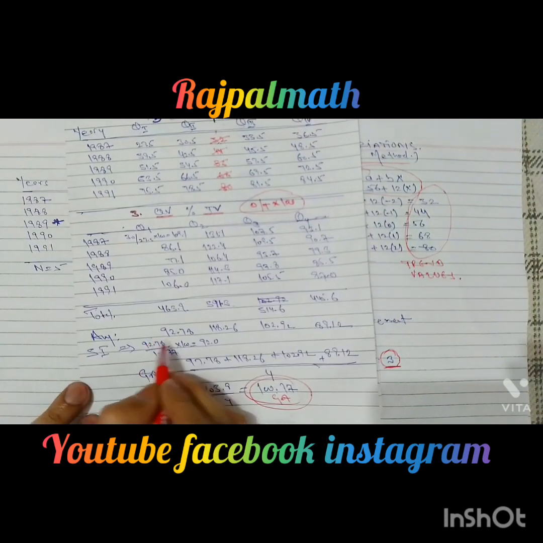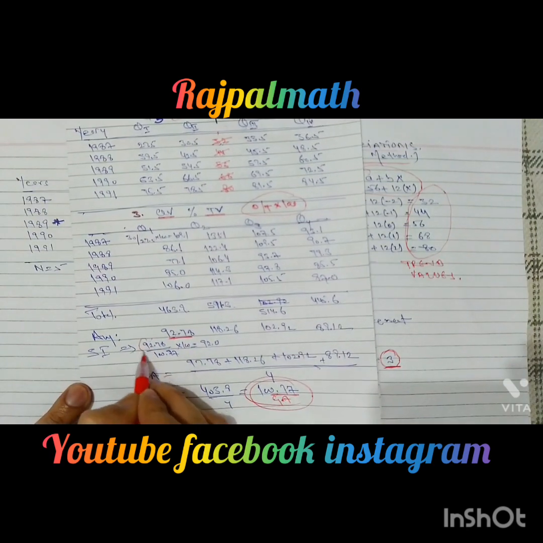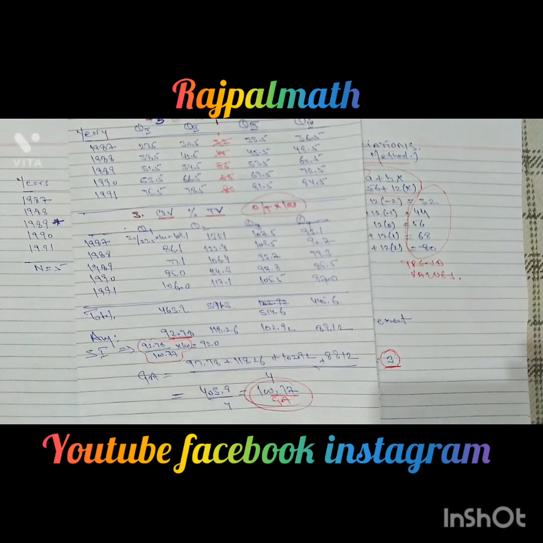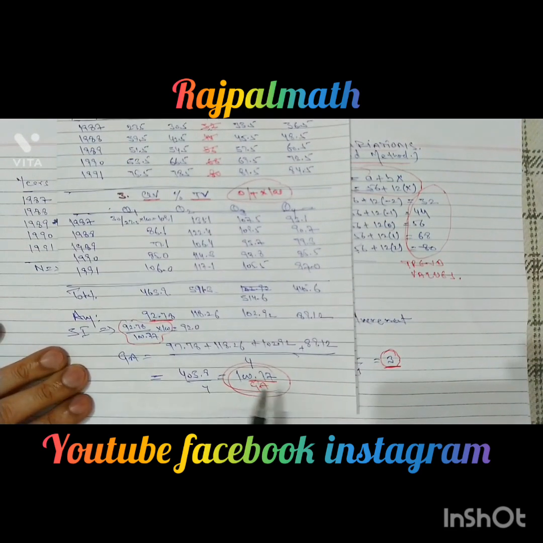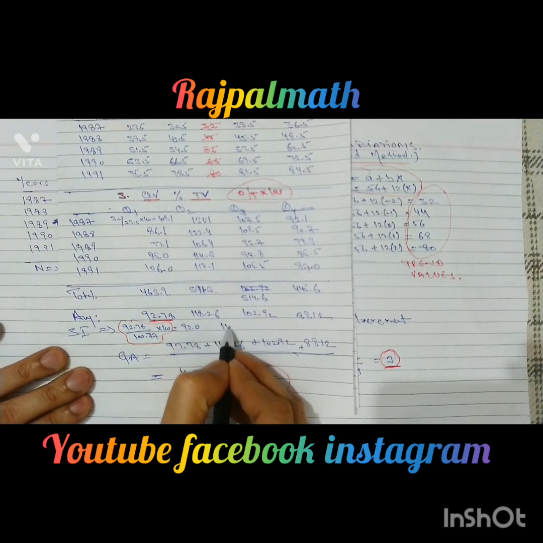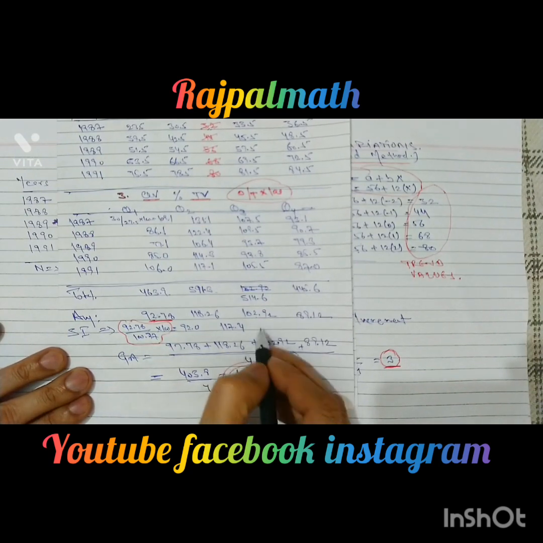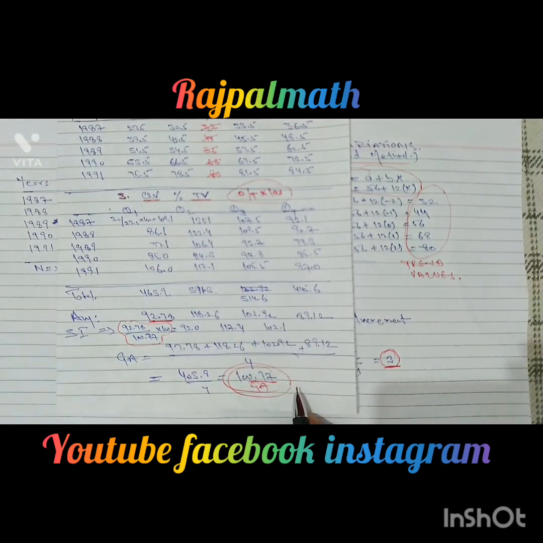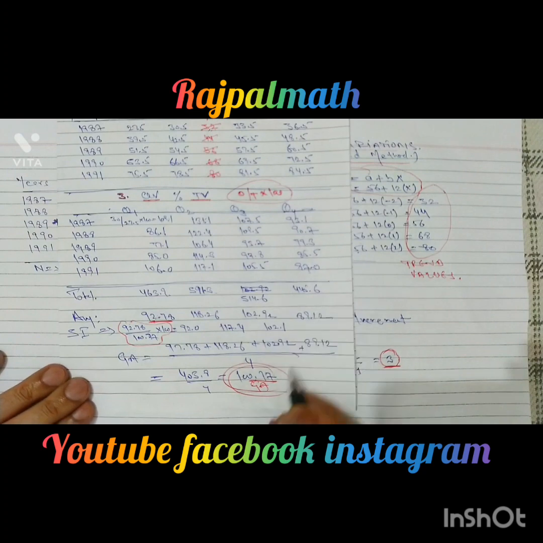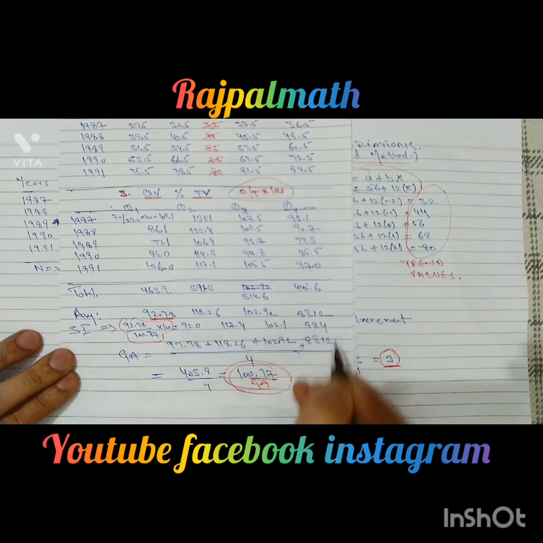Next, 118.26 divided by this into 100 is 117.4. Next, the quarter 3 average divided by grand average into 100 is 102.1. For the next, this divided by this comes out to be 88.4.